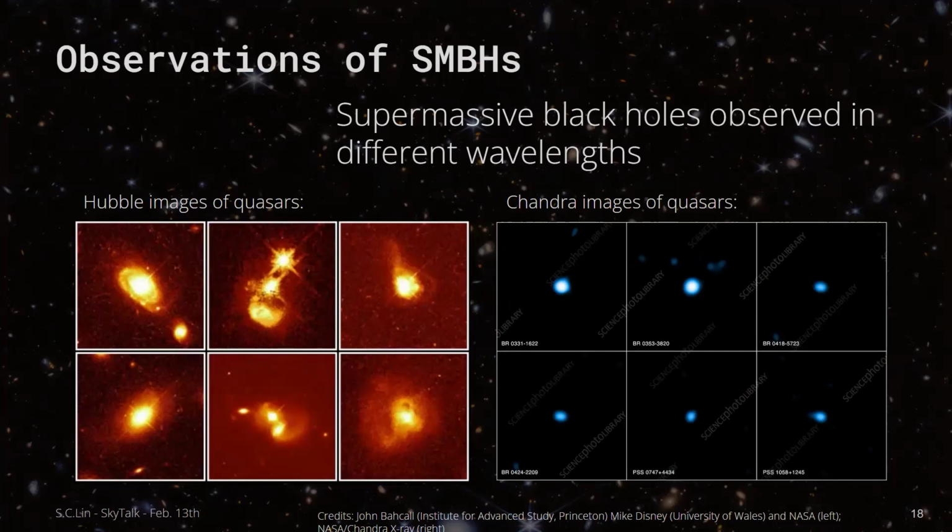Because of the very complicated structures around these black holes, they can emit different kinds of light throughout a wide span of wavelengths. And in fact, these things are actually quite far away from us. And that's the peak where we think most of the supermassive black holes were active.